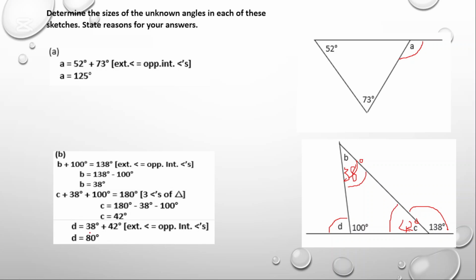D is equal to 38 plus 42. Exterior angle equal to opposite interior angles. D is equal to 80. Or D plus 100 is equal to 180, supplementary adjacent angles, or angles on a straight line. So you can see D is also equal to 80.